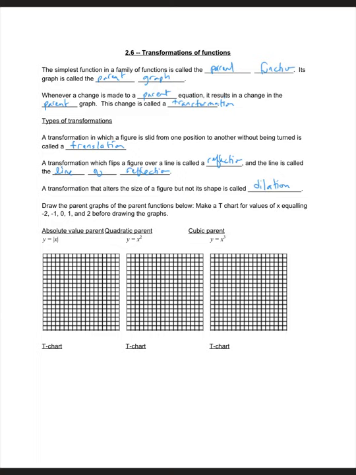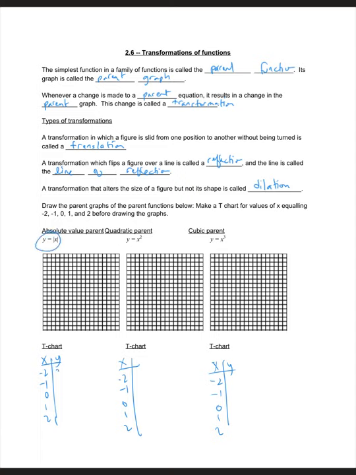To build the parent functions, we're going to make little baby t-charts, and these t-charts are all going to have the same x values in them: -2, -1, 0, 1, and 2. I fill in the t-chart by plugging each of the x's into the parent function.